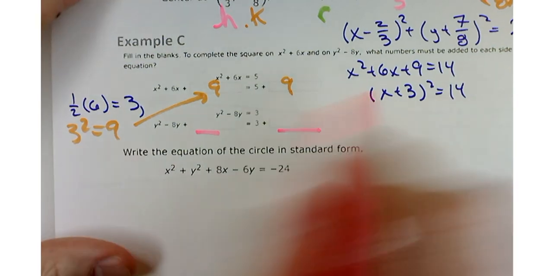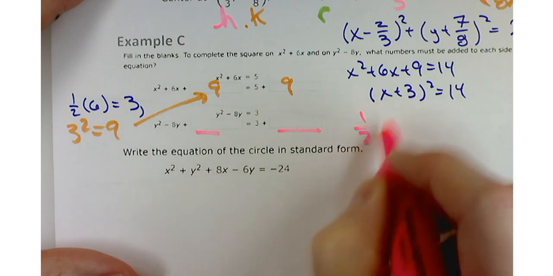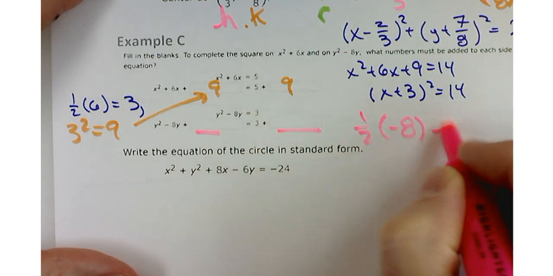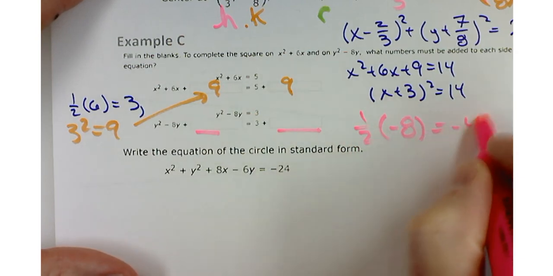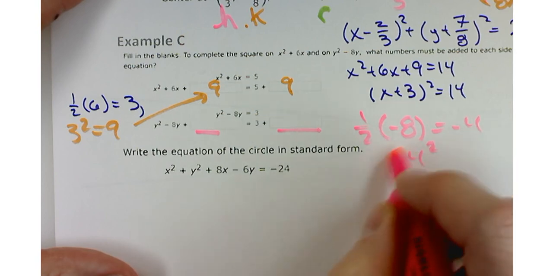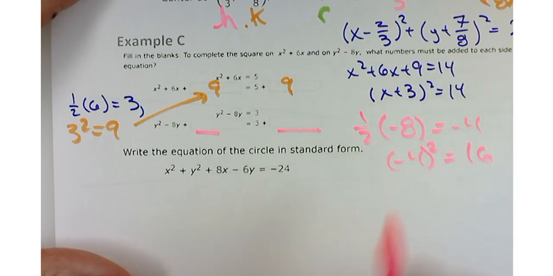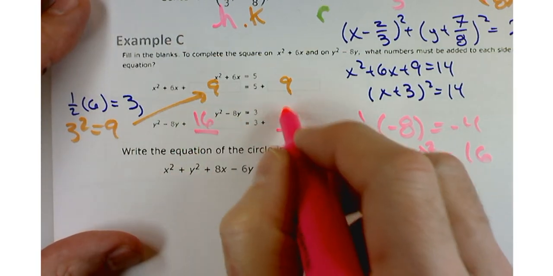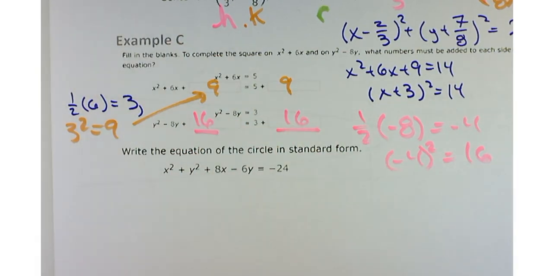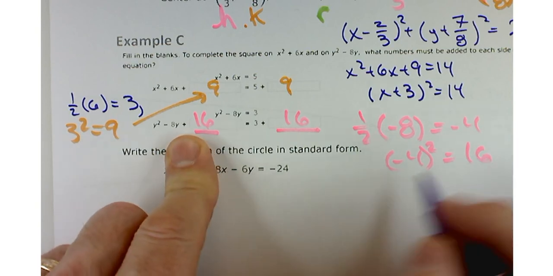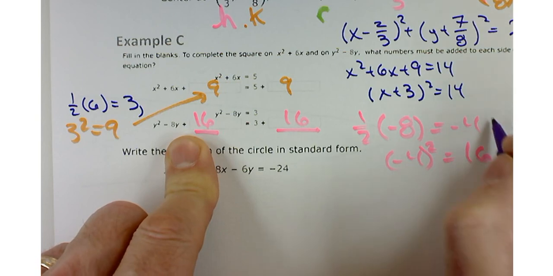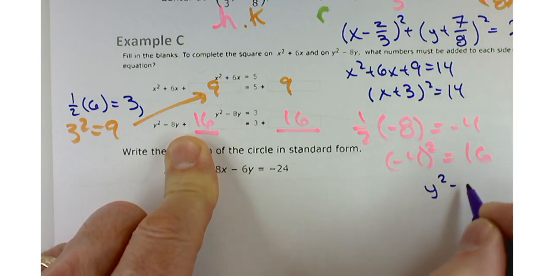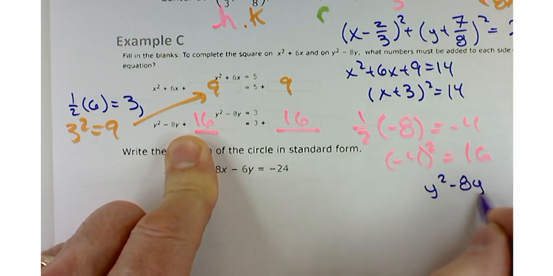Good. So, like the last one, you take half that middle coefficient. Half of negative 8 is negative 4. Negative 4 squared is a positive 16. So it's positive 16 that you're going to add to both sides. On the left-hand side, we're going to be left with y squared minus 8y plus 16.